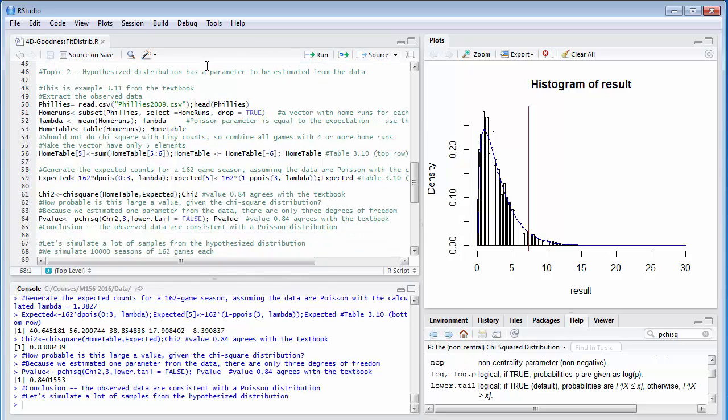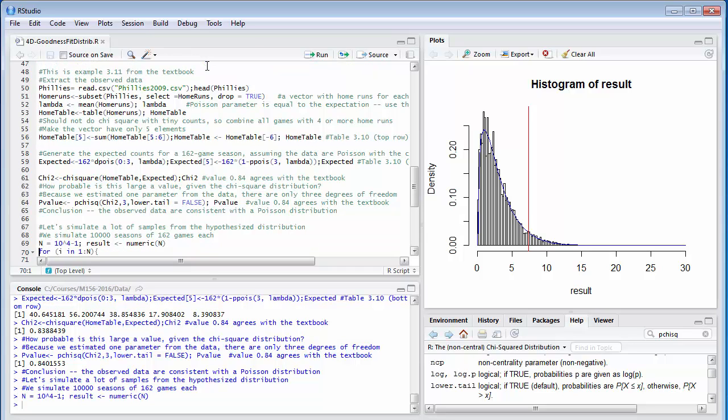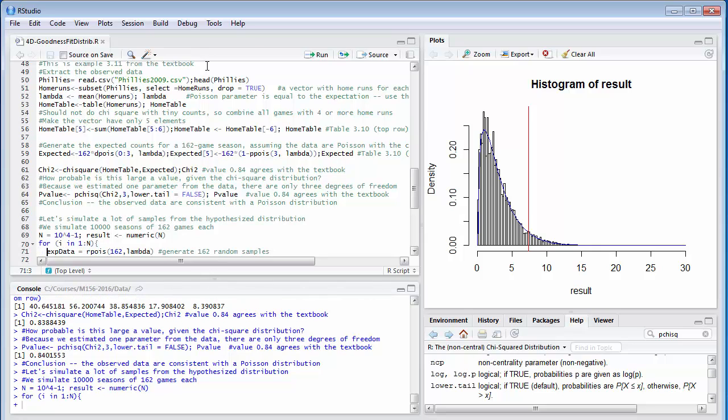Now here's another way of doing this. We can say, let's simulate 10,000 seasons of baseball. Back in the early days of statistics, this would have been infeasible, but it's perfectly easy for us.